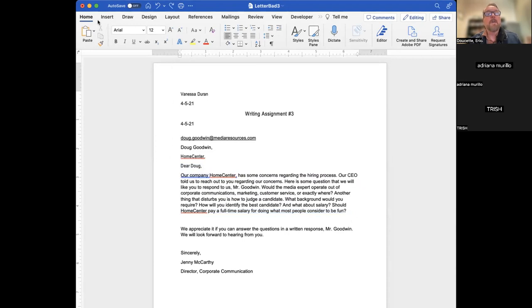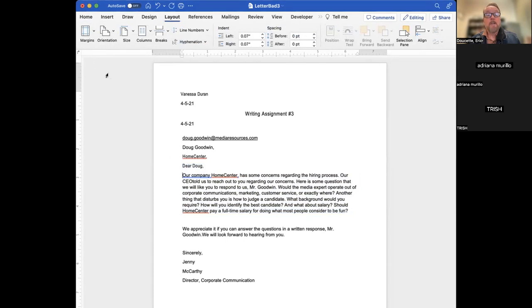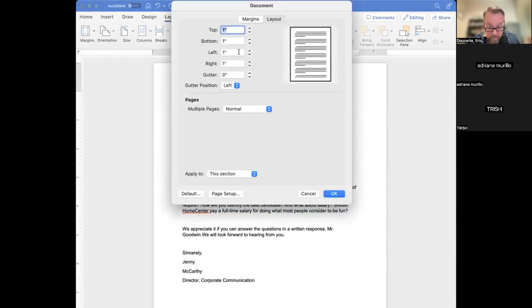Also, if you want to know how to set your margins, it should be under layout. And then all the way to the left here is margins. You can do normal margins, which is 1 inch. So they weren't even using the normal margins. If you want to customize your margins, you can come down here and set what you want them to be. So if you have a really short document, you can make them 1.5 on your right and left. 1.5, and then when I hit OK, you'll see it.